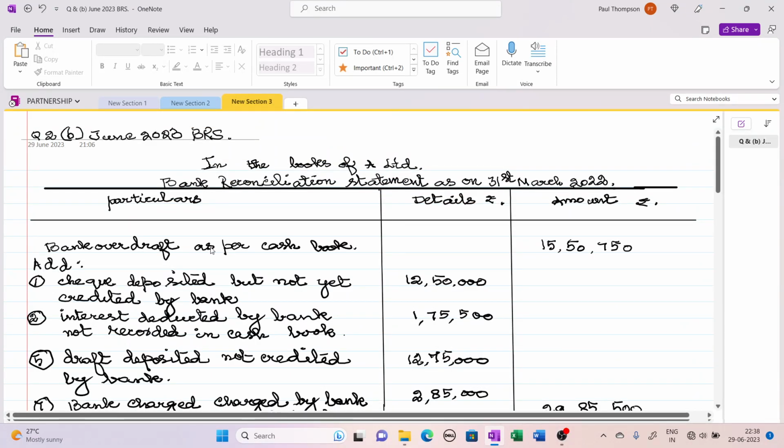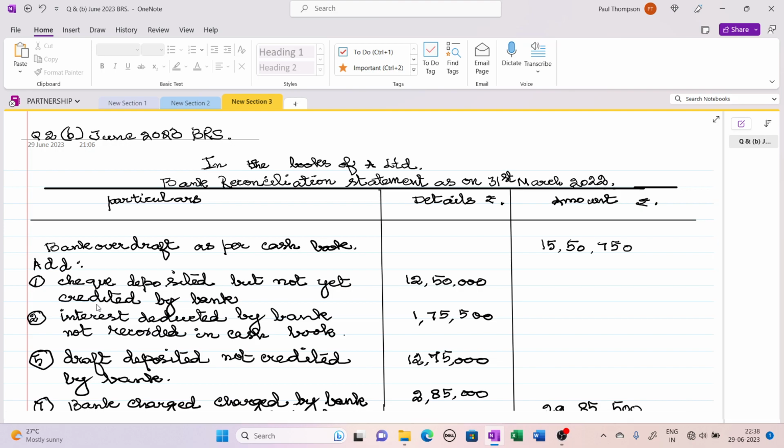So first they have given the bank overdraft as per cash book, 15,50,750. As I said, any check deposited, any draft deposited will increase your overdraft in your bank statement. So check deposited not credited by the bank is added. Interest deducted by the bank will also increase your overdraft.